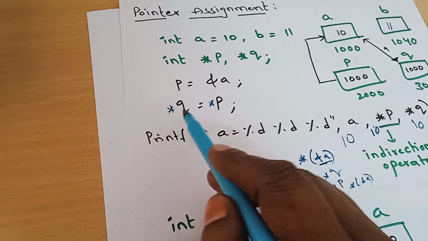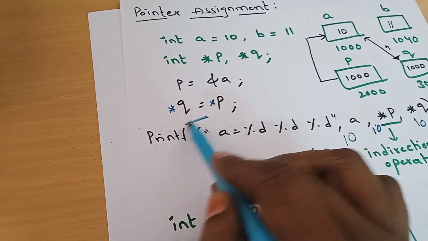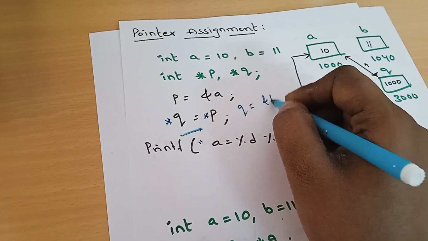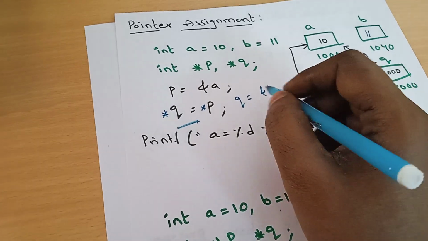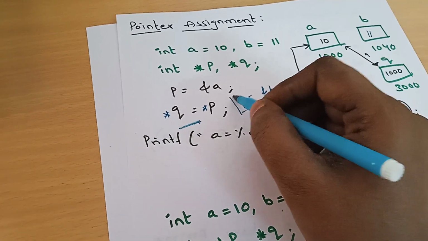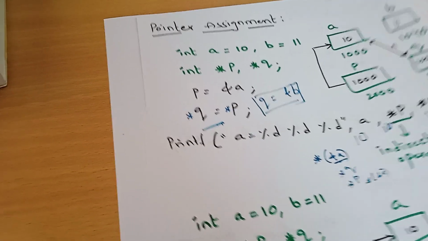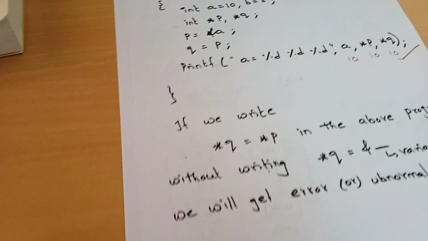Something like this. So before I write this statement, I should write q is equal to ampersand b. Am I right? If you don't write this statement and you do this assignment, it will throw an error or else abnormal termination.